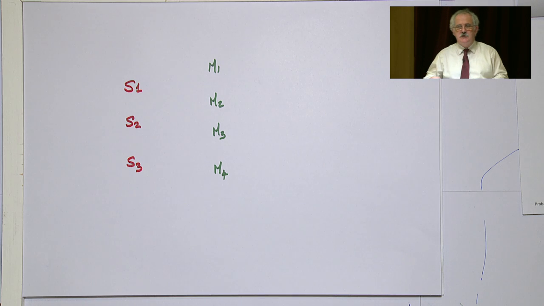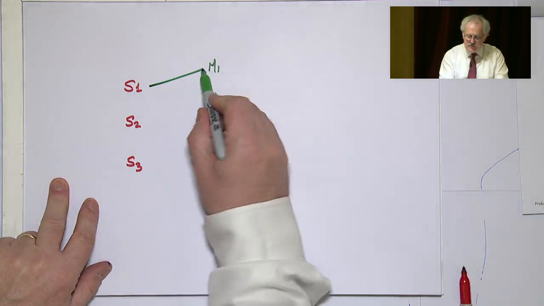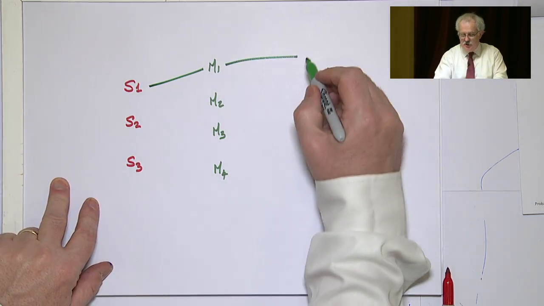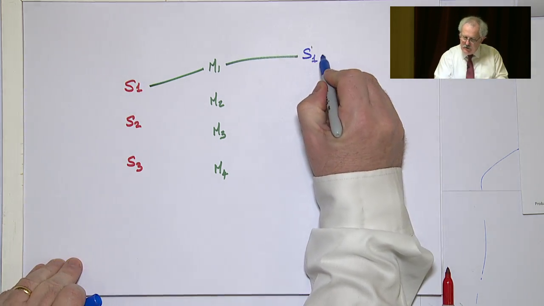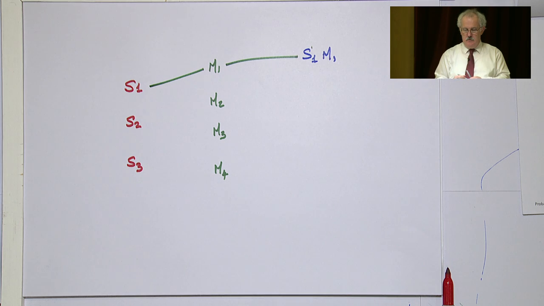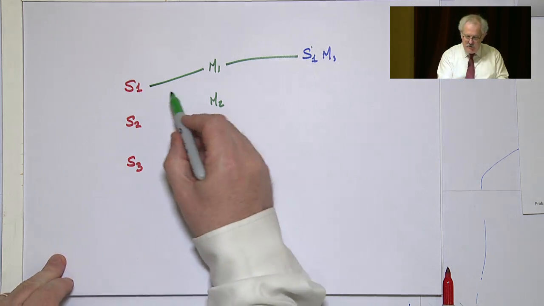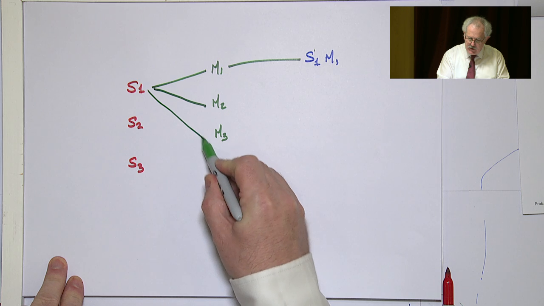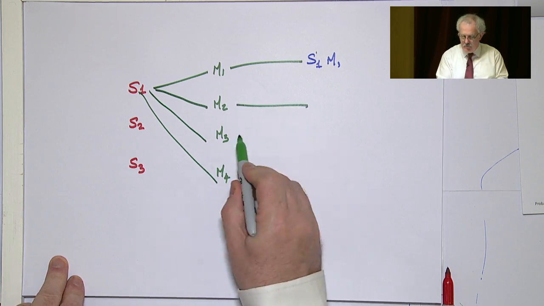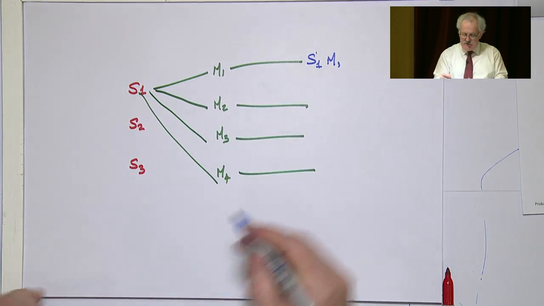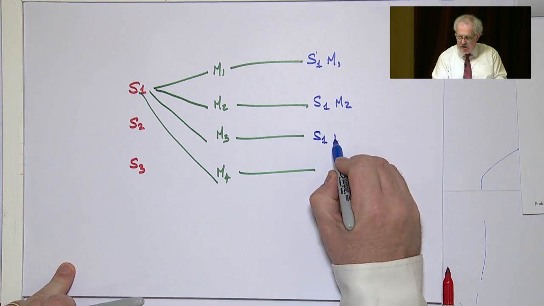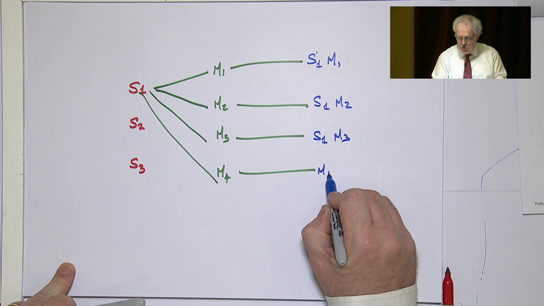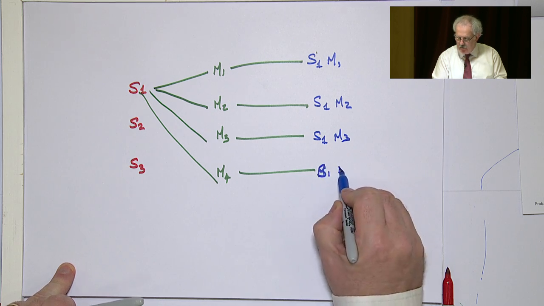Yeah, and if we multiply it out, it's possible this person here took starter 1 and main course 1. This person here took starter 1, main course 2, starter 1, main course 3, and starter 1, main course 4.